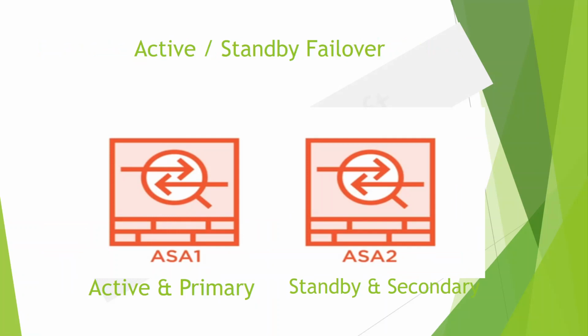So what's going to happen is that the configuration sitting on ASA1 is going to be copied over to ASA2 through something called configuration replication. And then they are going to have an identical configuration. Now, none of the traffic is actually going to pass through that standby device unless there is a failure.